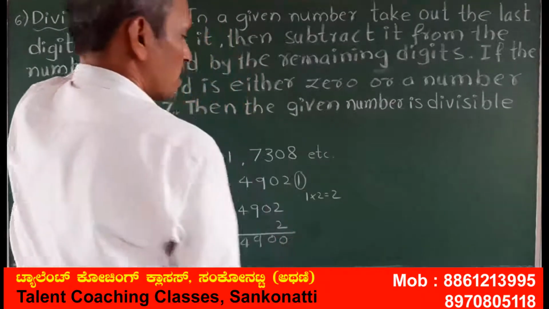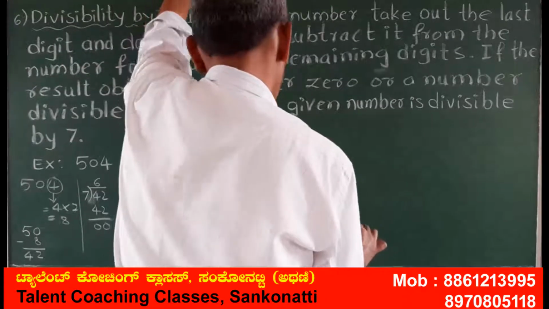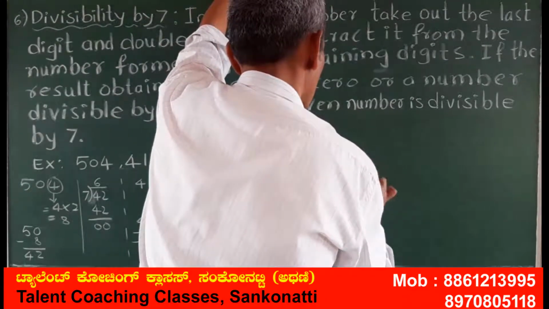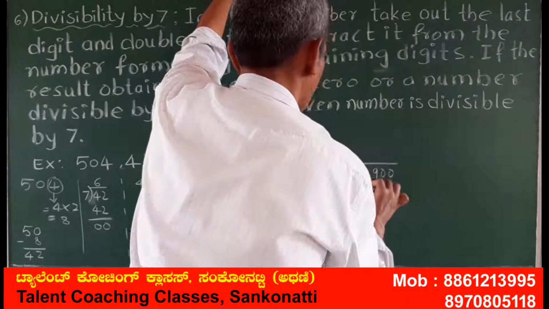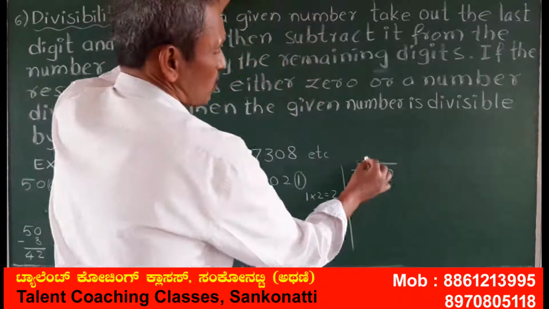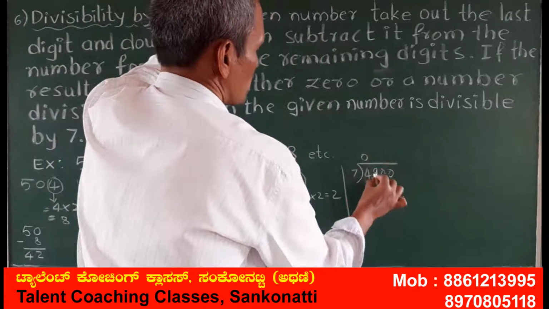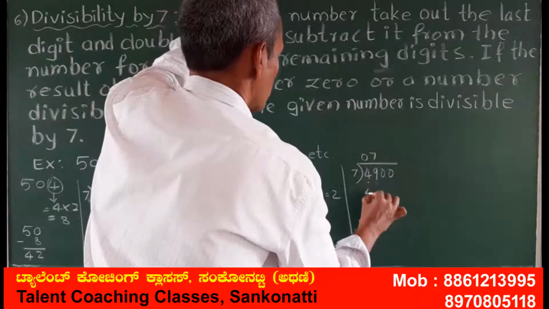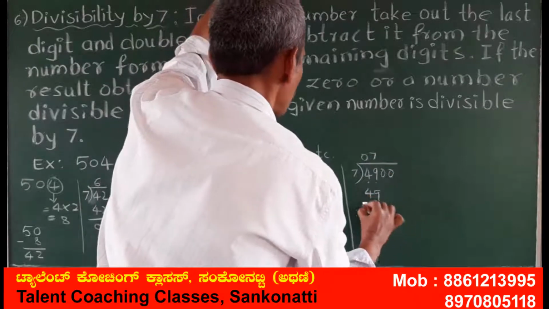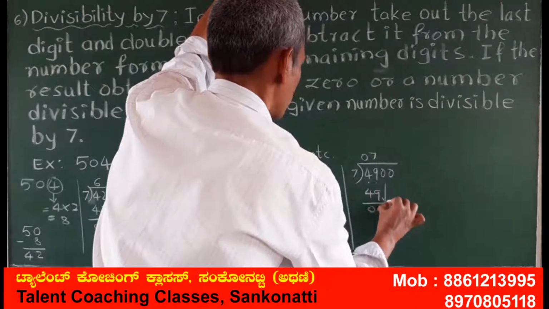We get 4900. Now we'll check whether it is divisible by 7 or not. In the 7 table, 4 is not there, less than 4 also not there, write 0 and take the next digit. 49, 7 sevens are 49, subtract, take the next digit.